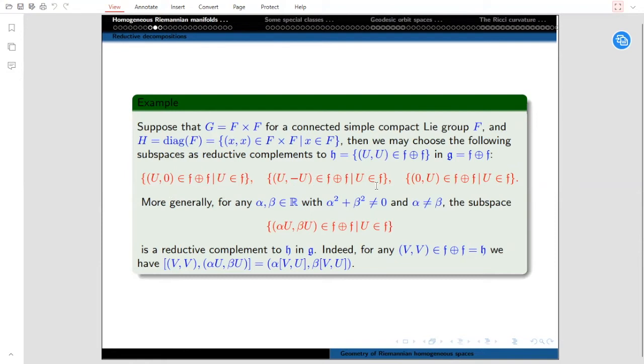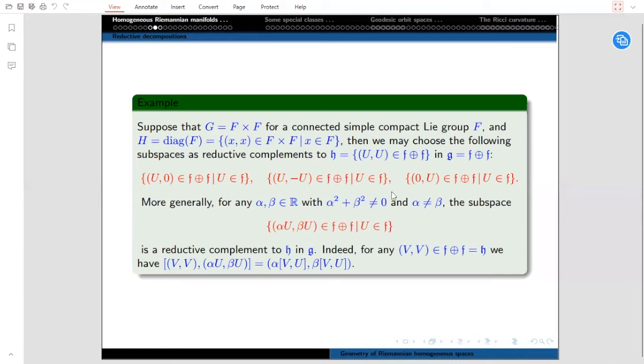It's possible. This is a standard method to describe the remaining symmetric space of type F plus F mod diagonal F. This is a compact symmetric space of class 2, yes.